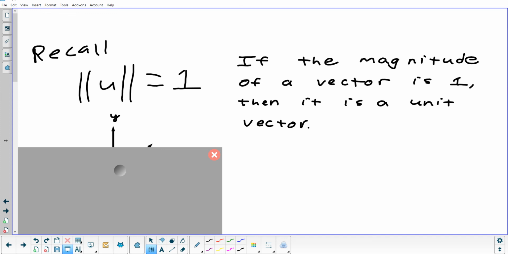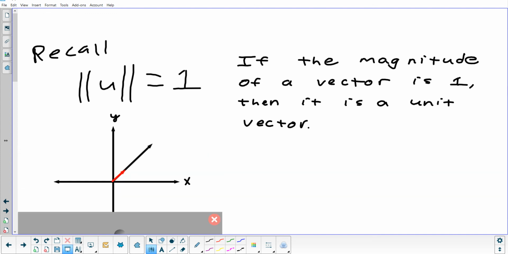So to figure out what you need to scale it by, let's just look at some examples, and I think you'll see a pattern. So here's an example where, say, the black vector is too long, and we want to scale it to make it 1 unit long. Notice the direction it points is the same. We just need to make it longer or shorter to force it to be 1 unit.